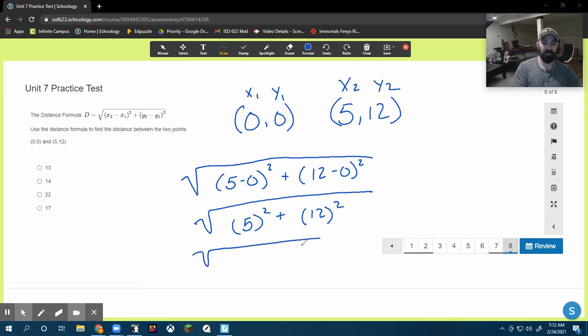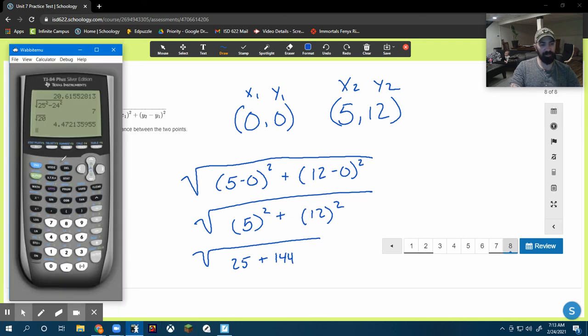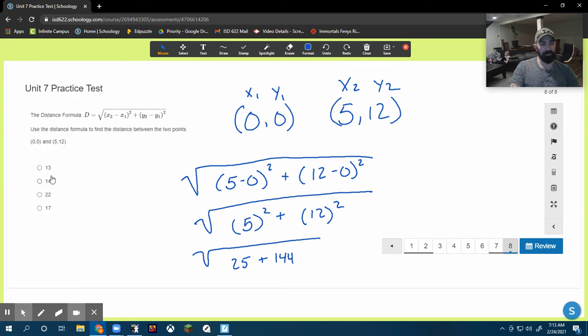That would be the square root of 25 plus 144. Let me get our calculator. 25 plus 144, and we get 13. And there's your answer. And that's it.